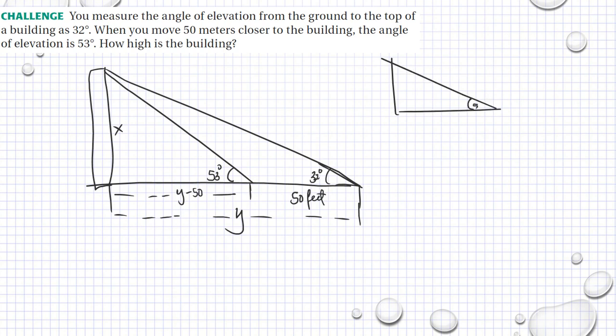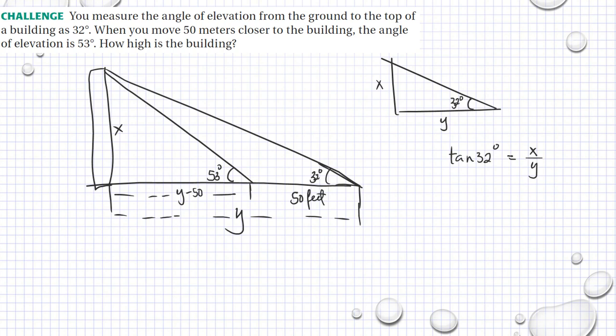We have 32 degrees, and then we have x here, and we have y here. So that is tangent of 32 degrees is equal to x divided by y.